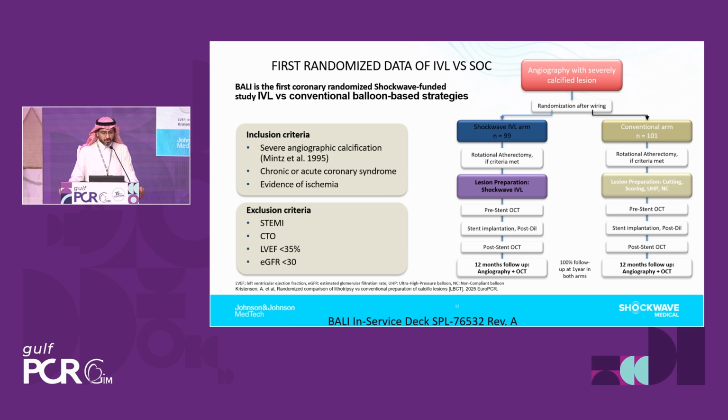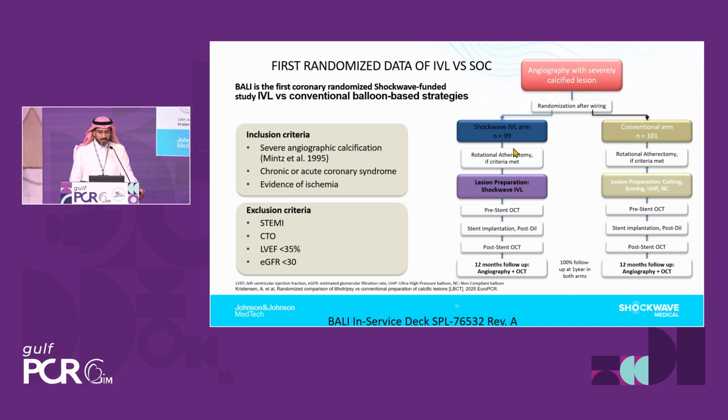BALI is the first coronary randomized Shockwave-funded study of IVL versus a conventional balloon-based strategy. The inclusion criteria: severe angiographic calcification, chronic or acute coronary syndrome, evidence of ischemia. The exclusions are STEMI, CTO, low ejection fraction less than 35%, and poor kidney function with a GFR less than 30. For the randomization, you can appreciate the same number in both arms.